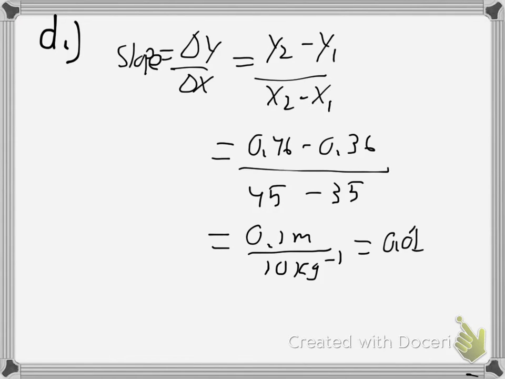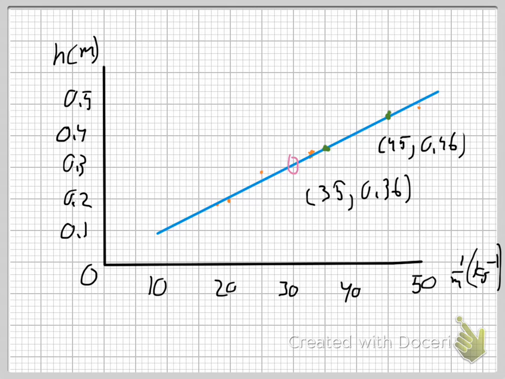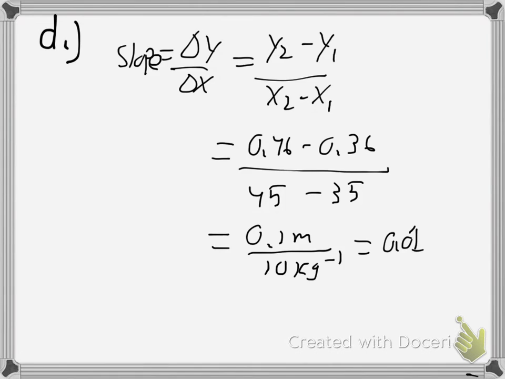This is not k, right? This is just the height versus the inverse of mass, right? So if we look at our units here, this is inverse kilograms, so in the denominator. So our units here are meters times kilograms.